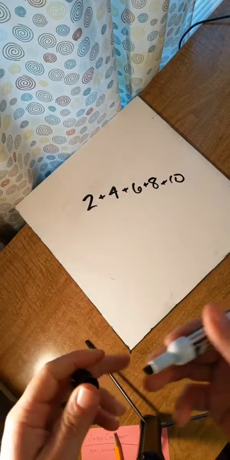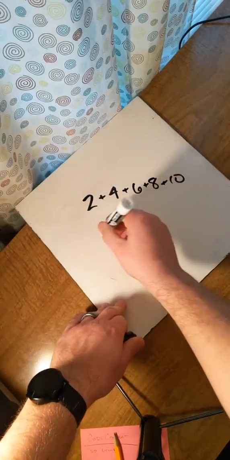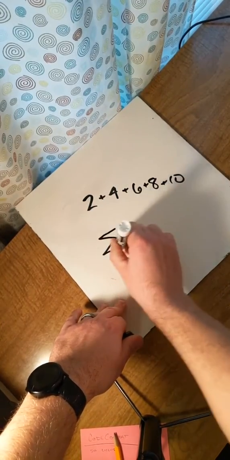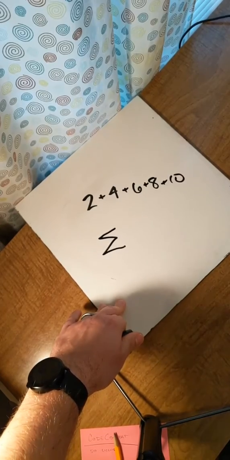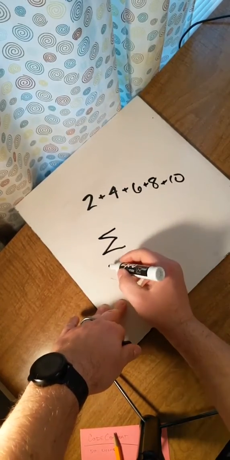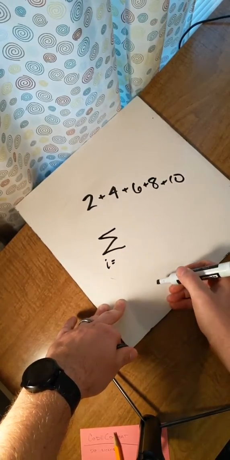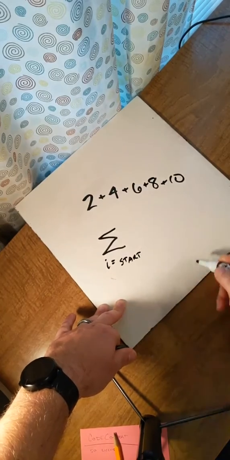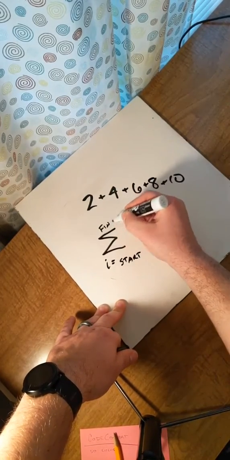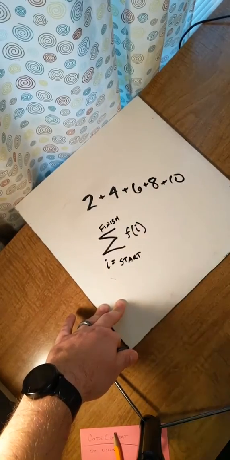I could evaluate what that is, but I'm going to write this as a pattern using the summation symbol, which is this Greek-looking E. Now, what we do here is we pick a variable, and it can be any variable down here. Usually make it i, and we make it equal to a starting number. And then we have our finish number. And then we have our function of that variable, f of i.